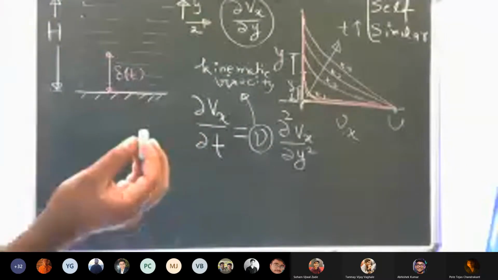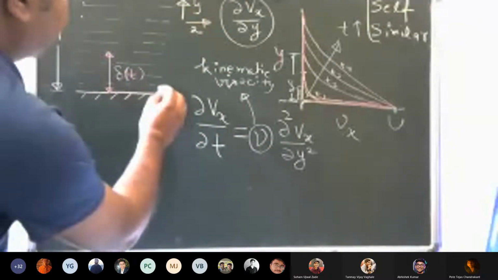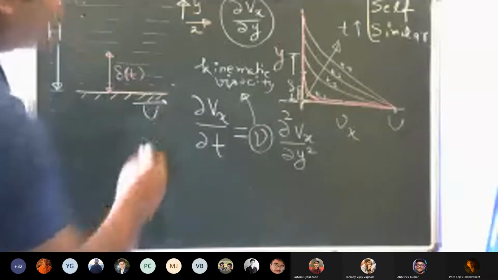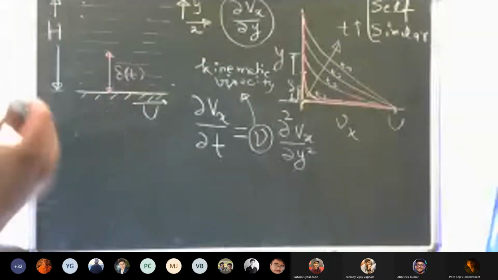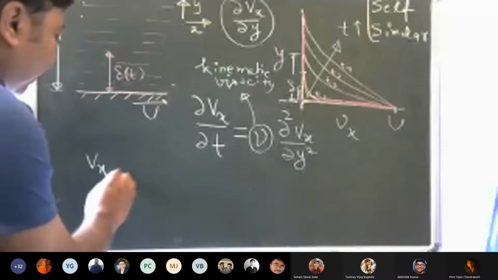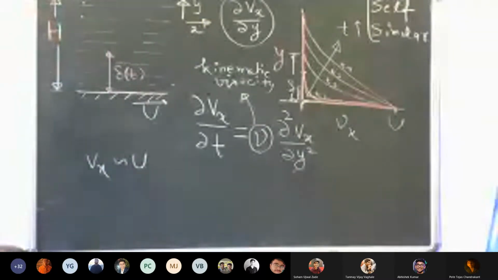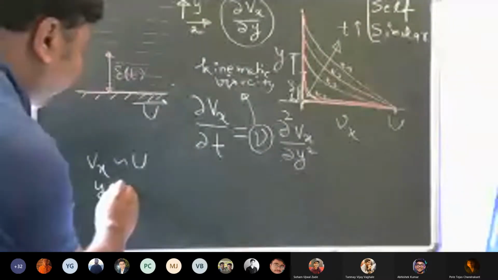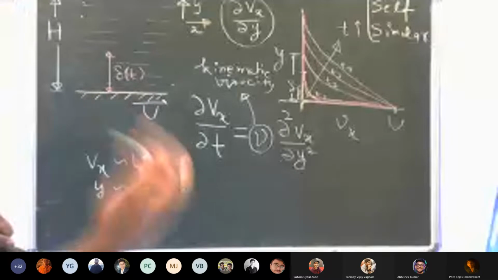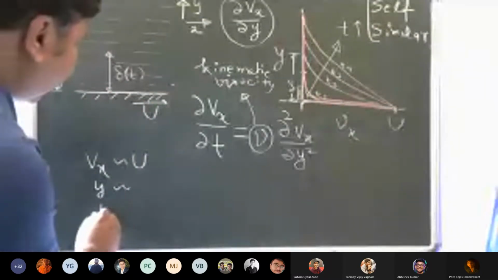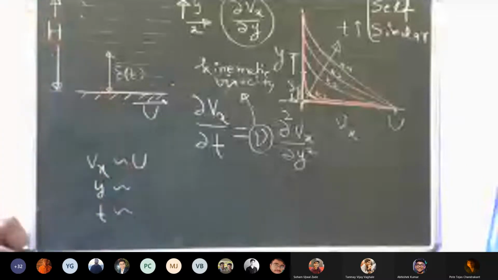As Anik said, this is the u velocity, the characteristic velocity scale or the order of magnitude of velocity is U. And now we are thinking what is the characteristic value of y, a typical value or scale or order of magnitude, and what is the typical scale for t.